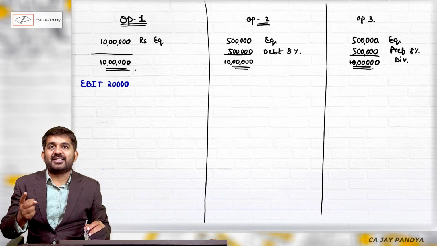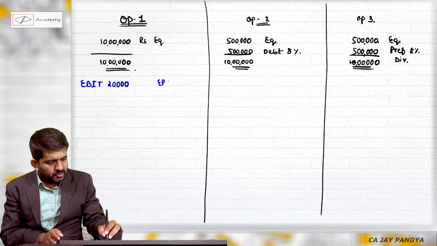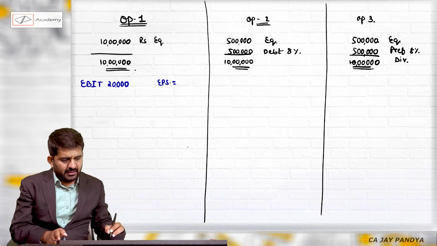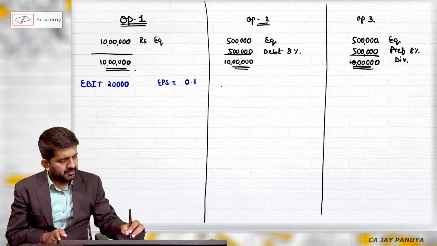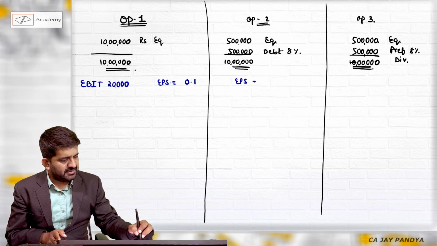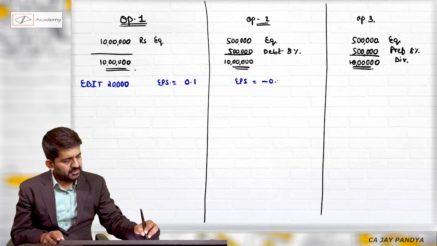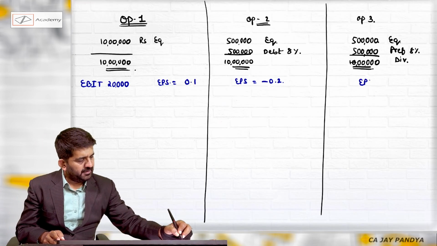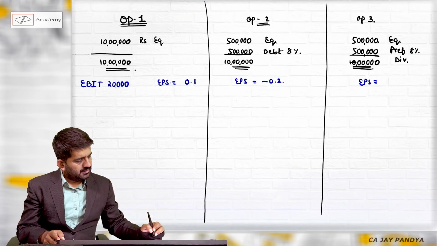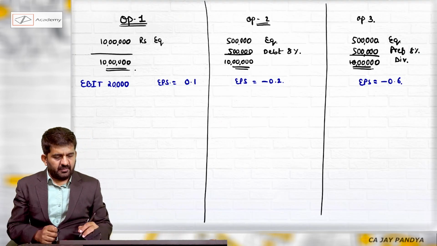R is less than KD, so always the least risky plan will be best. What was your EPS in that? In this case it is 0.1. If EBIT is 20,000, EPS in this case is minus 0.2, and EPS in this case is minus 0.6. Option 1 will be best.